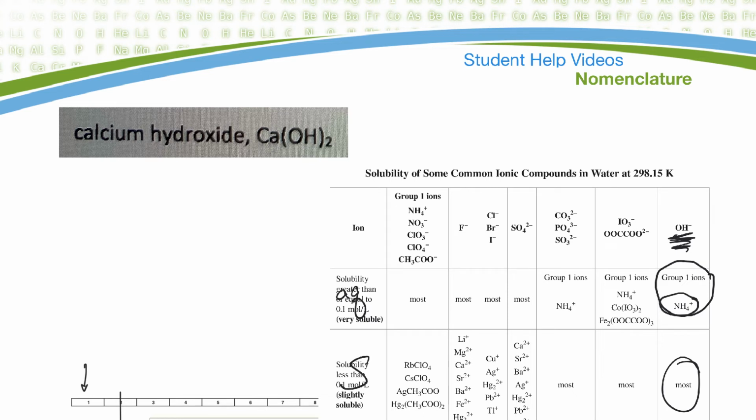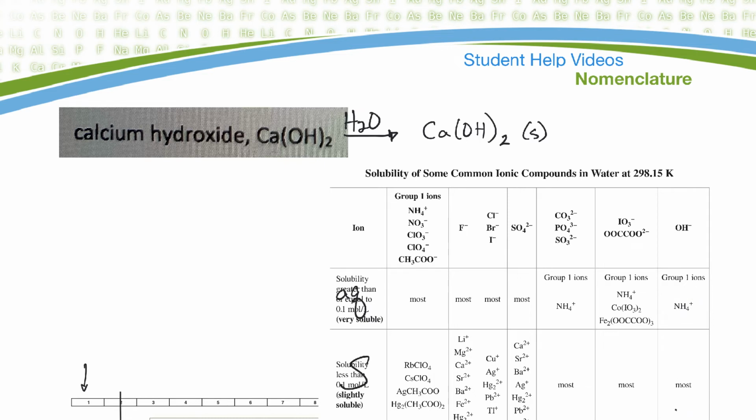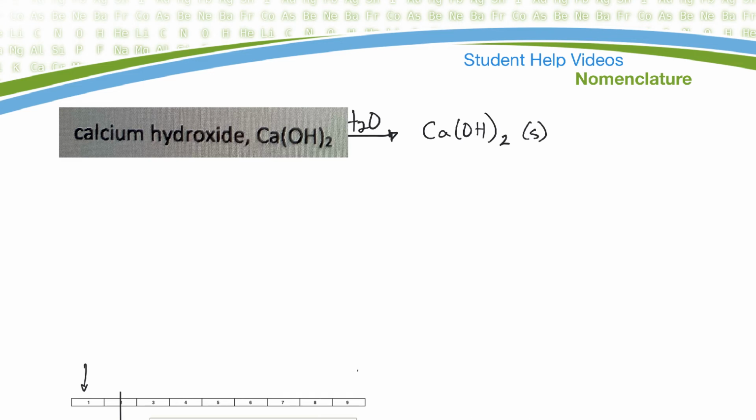So this one here, if I were writing a dissociation equation, I could say, well, you can put this in water, but it's probably going to stay as a solid. So it probably won't dissociate. Now, on a test, some people might write, and I'd be okay with this, some people might write and say, well, if you want me to write a dissociation equation, I can write one, calcium hydroxide as a solid.